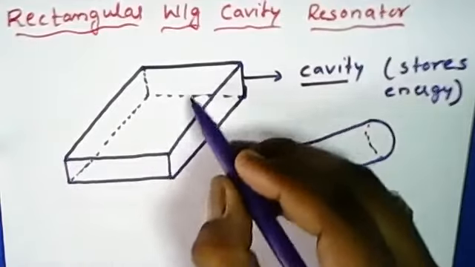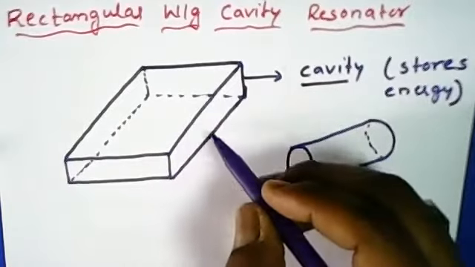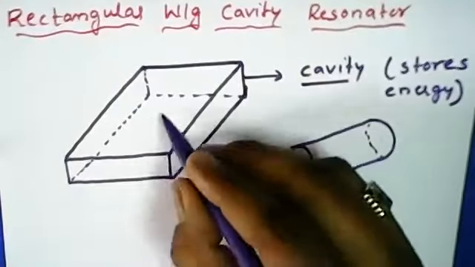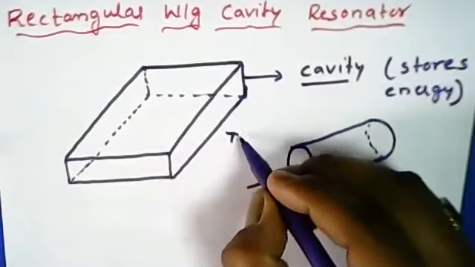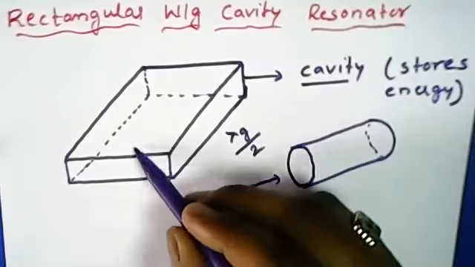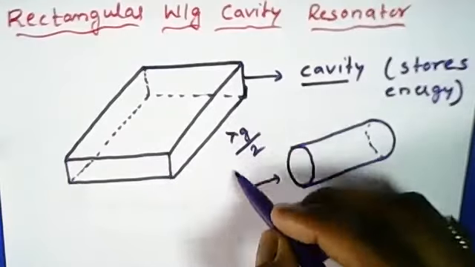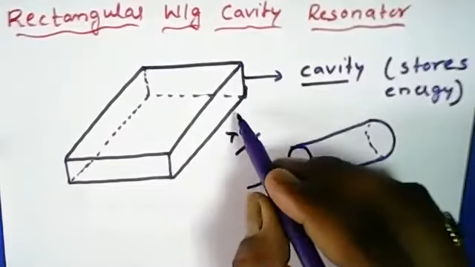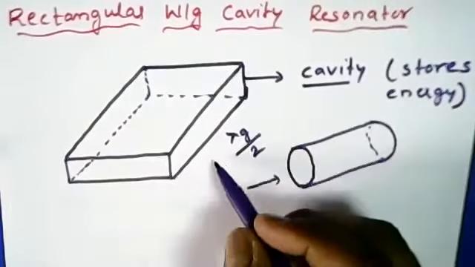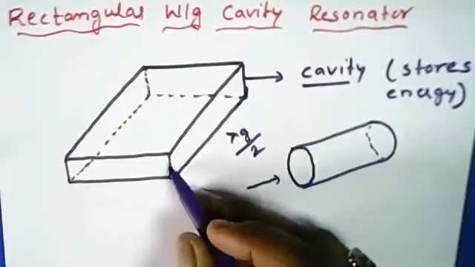It will be moving to and fro, and the signal will resonate. We'll see in what way it is called resonance: if the signals maintain multiples of lambda g by 2, then the signal is said to be resonated. I'll explain this once again; it's clearer when we discuss the resonance condition of the cavity resonator.